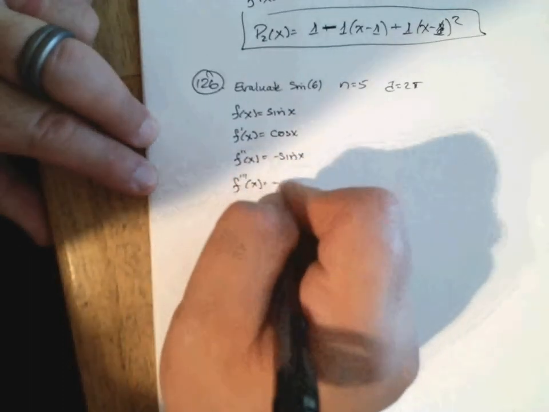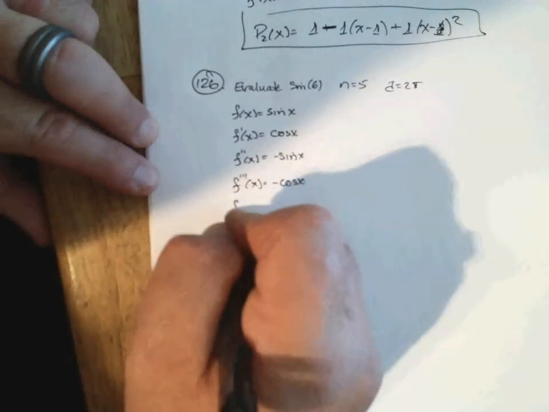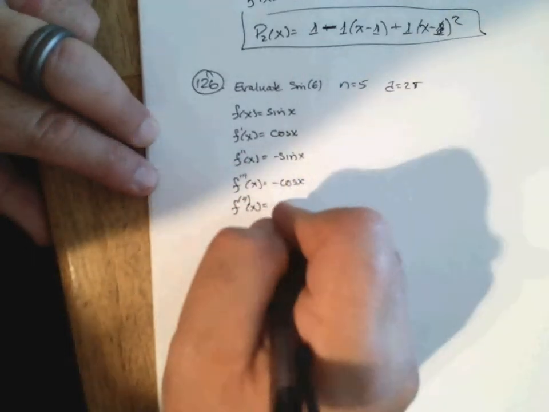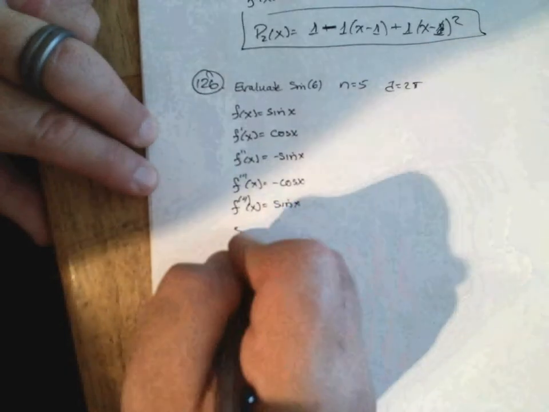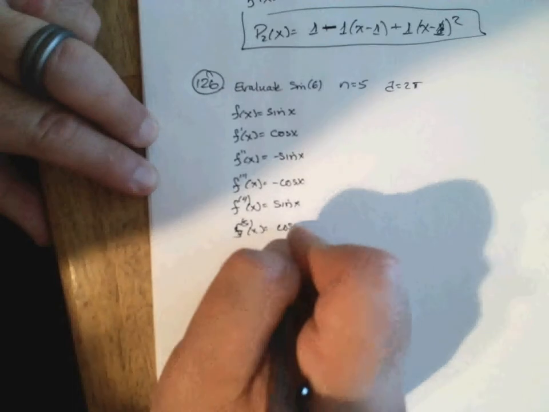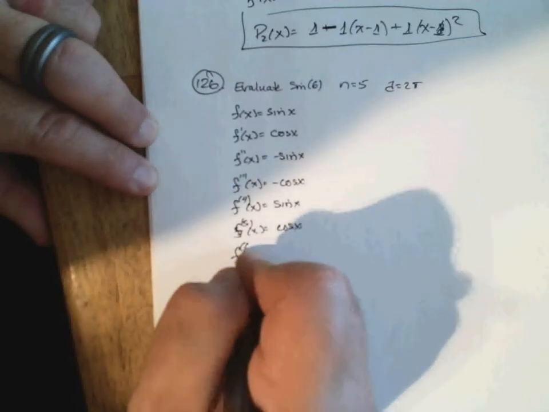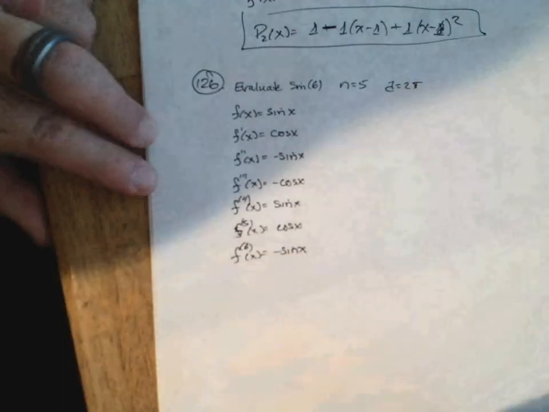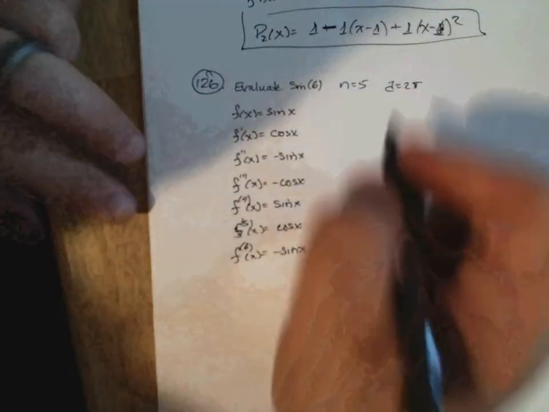Third derivative, the derivative of negative sine is negative cosine. Our fourth derivative, the derivative of negative cosine is sine. Our fifth derivative of sine is cosine. And our sixth derivative of cosine is negative sine.